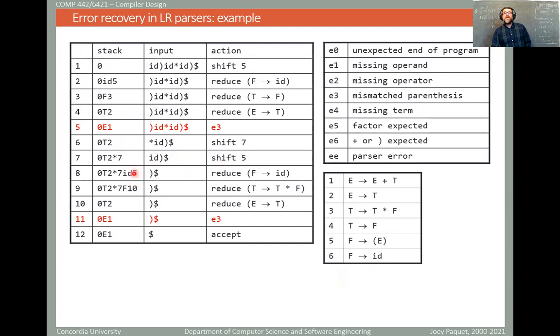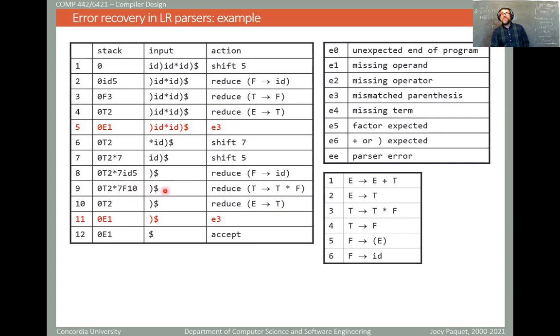So I push the ID here, push 5, and then 5 close parenthesis is telling me to apply reduce F gives ID. I remove the ID and its accompanying state here, and I push the F. Then I go 7 F in my go-to table, I find state number 10, push it here.